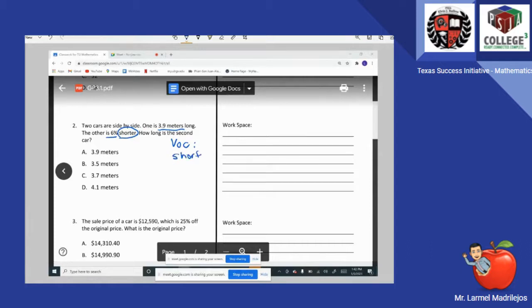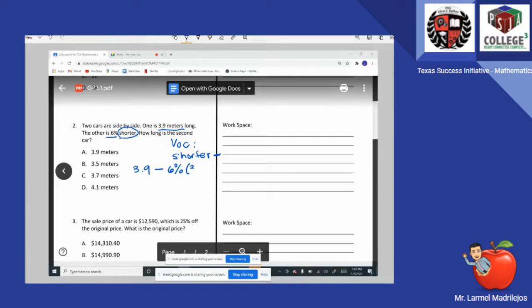What does shorter mean? In math, it means you're going to reduce. You're going to subtract. Let's start with this. How long is the second car? So the first car is 3.9, and minus shorter than this by 6%.